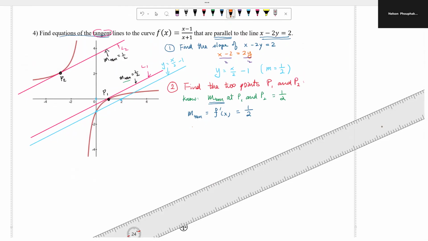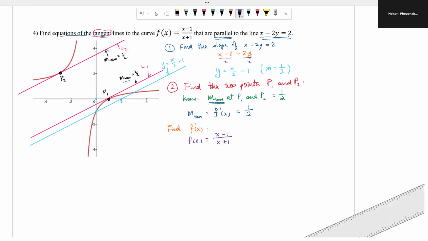Now I would like to find f prime of x. So if f of x is equal to x minus 1 over x plus 1, then f prime of x is equal to the derivative of x minus 1 times x plus 1 minus x minus 1 times the derivative of x plus 1, all over x plus 1 squared, right?